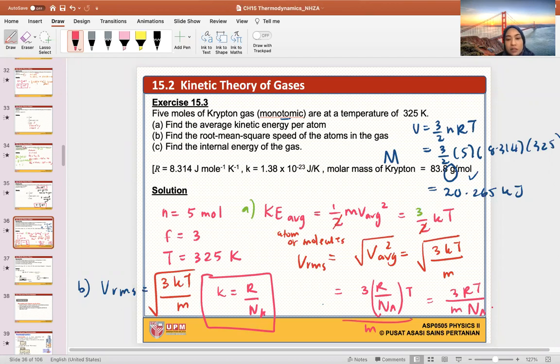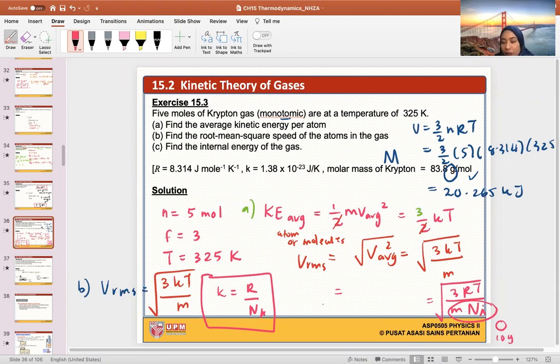Now the Avogadro constant gives you the number of molecules per mole. Okay, mass times NA gives me, let's say we are talking about krypton, a monoatomic gas, and the mass is, for example, 10 gram.